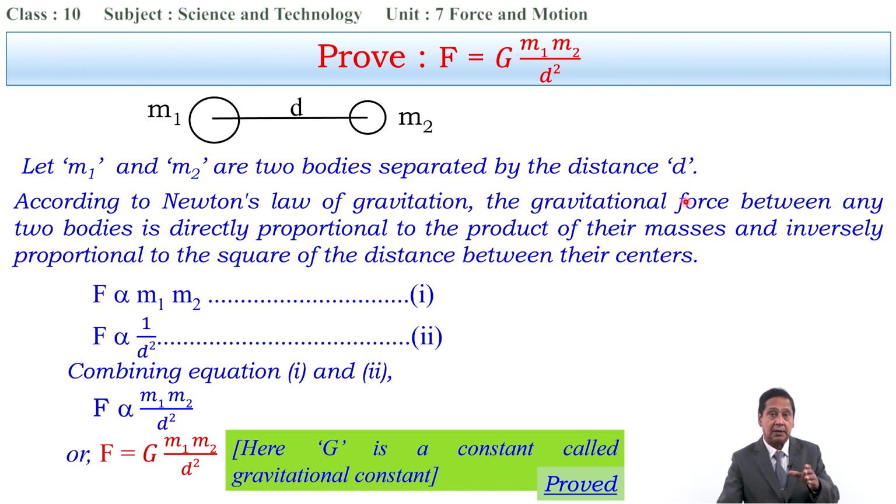If we know the mass of the first body, the mass of the second body, and the distance between them, then certainly we can calculate with what force the first one attracts the second one and with what force the second one attracts the first one. Both the forces are equal. We can calculate gravitational force between the sun and earth also if we know the mass of these two heavenly bodies and the distance between them.